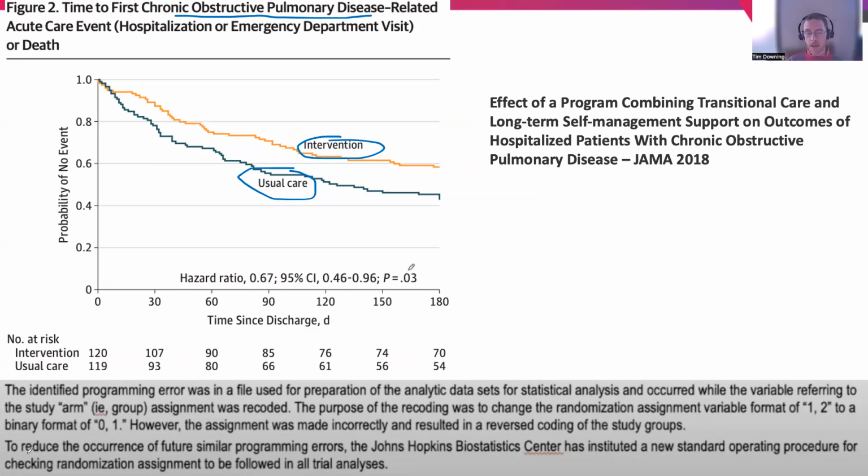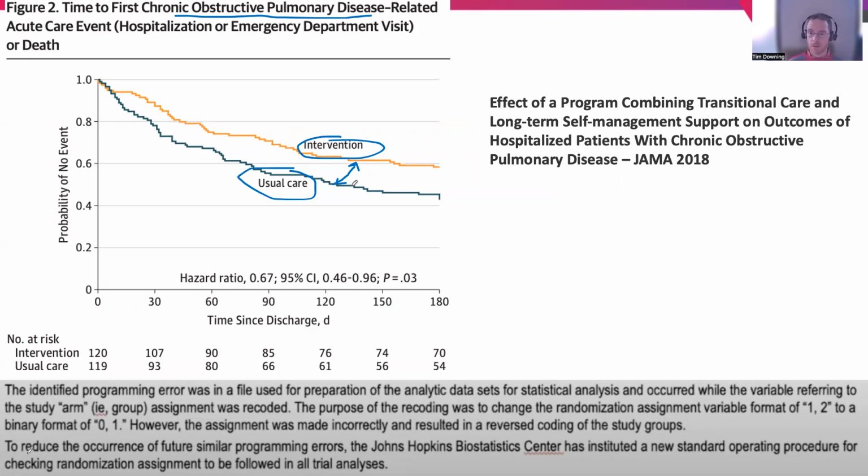So this is an example where manual records meant that these two labels got accidentally misused, because they were coded originally as 1s and 2s, and they got changed to 1s and 0s manually.